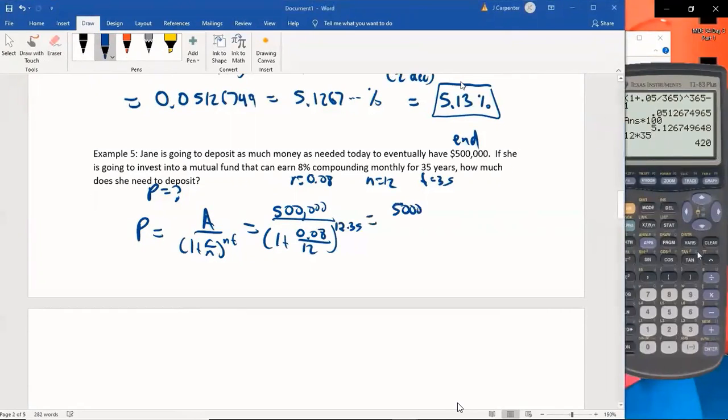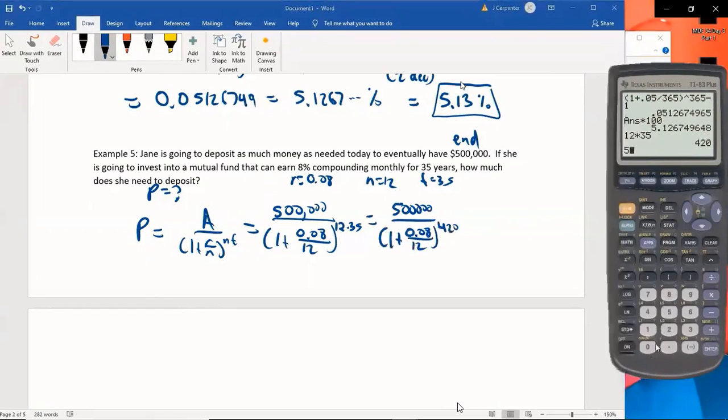That's 500,000 divided by parentheses 1 plus 0.08 over 12 raised to the 420th power. So then we just type that out. Plus 0.08 divided by 12. Close it, raise it to the 420th power.